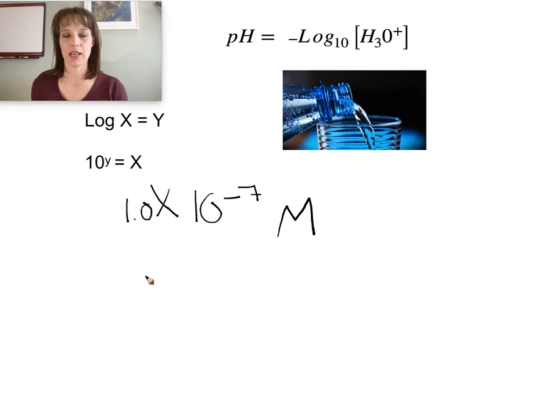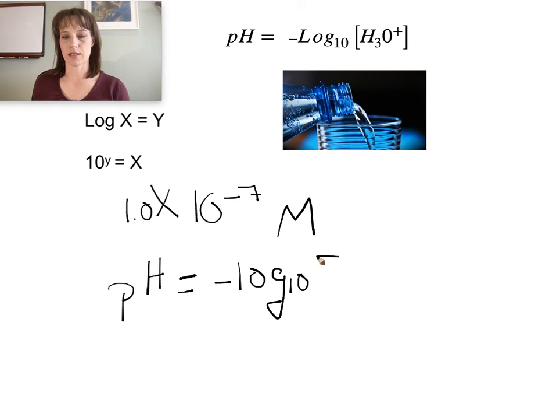Not very many. So instead of writing this over and over, we can calculate the pH. Up here the equation is the negative log base 10 of the hydronium ion concentration.